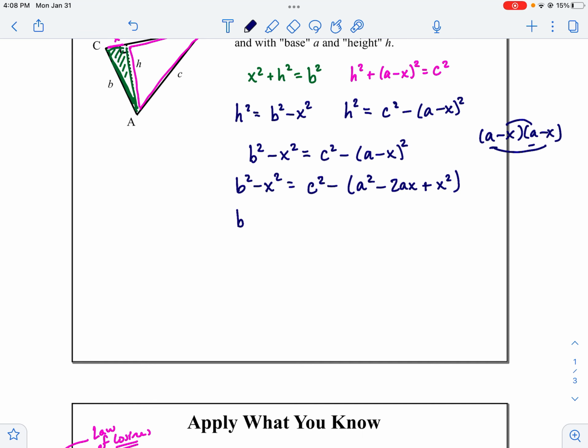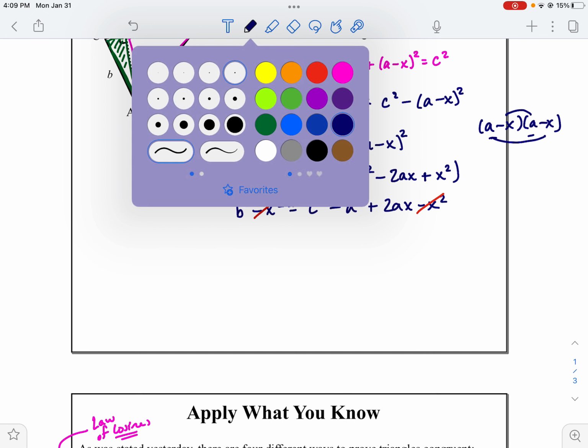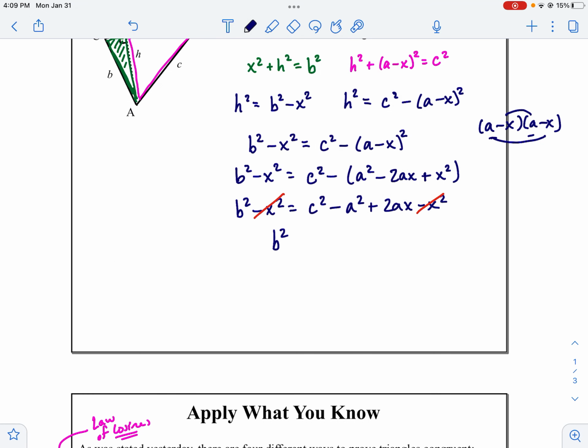Then doing some more algebra, I can distribute that negative, so I get minus a squared plus 2ax minus x squared. You'll notice that we have an x squared on both sides. So if I add x squared to both sides, that's going to be gone. And I'm just left with b squared equals c squared minus a squared plus 2ax.